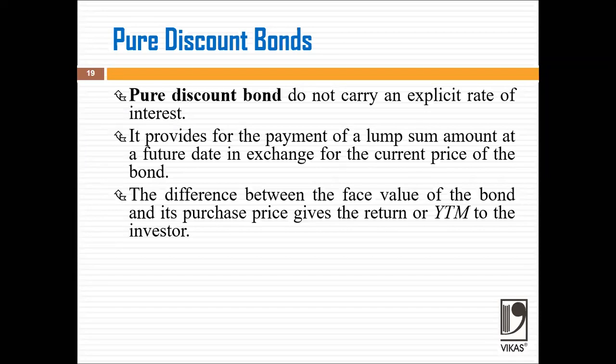And then you can resubmit the bond to the issuing company and claim your bond value. The difference between the face value of the bond and its purchase price gives the return, or YTM, yield to maturity, to the investor.